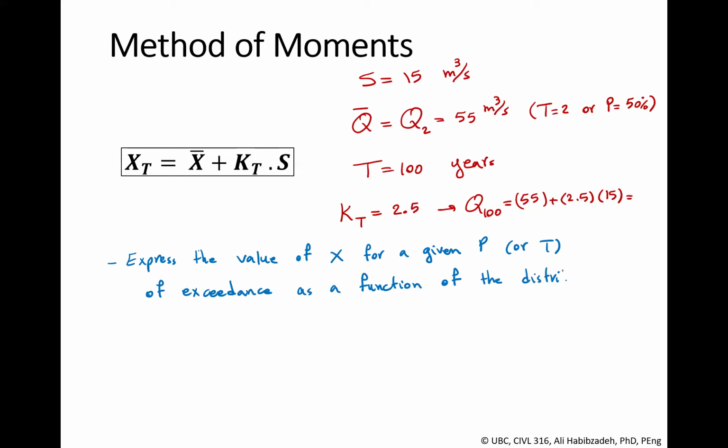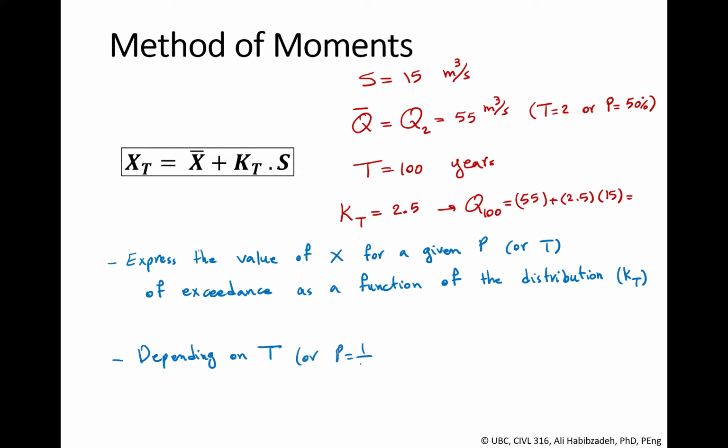This is telling me the distribution tells us how probabilities are distributed for different discharges, right? That's what it means. I'm going to write in brackets K sub T because that's really telling us what the distribution is. And then the other thing is depending on T again or P. These are the same thing really.